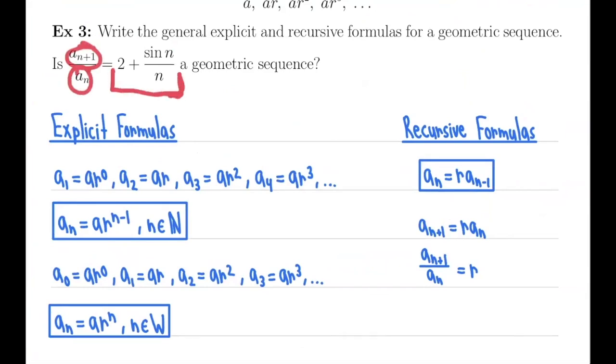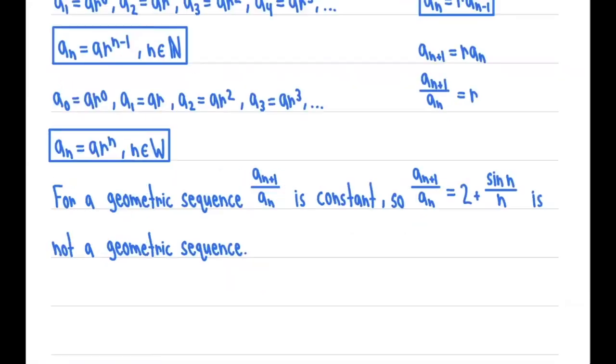Am I getting a constant? I think it may not be. Yeah, so this is not a constant because it depends on n, and n varies. Sine of n over n is going to change as n changes. So this is not a constant. So that means this is not a geometric sequence.